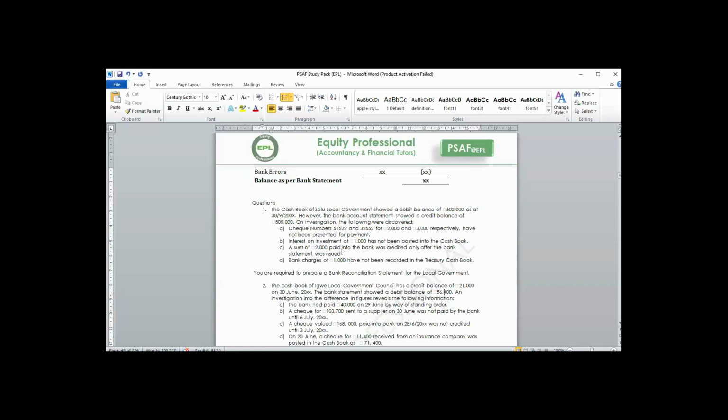How do you reconcile as the account officer in the ministry? You are the local government accountant. What will you do? They now say you are required to prepare bank reconciliation statement. This one does not require you to prepare what? Adjusted cash book, only bank reconciliation statement.